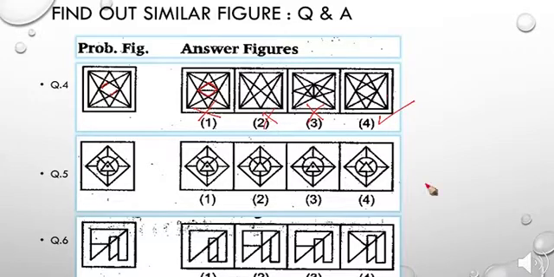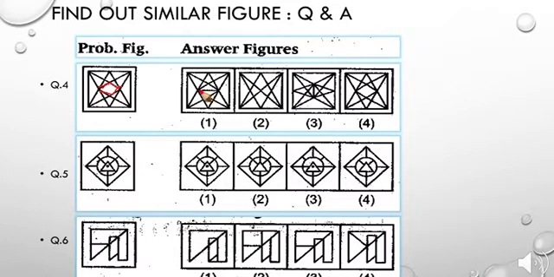So this is one of the ways in which we can solve this problem. Let's find another way of solving this problem. In the first observation itself, we find that at the center of the problem figure there is a diamond shape, and inside it is vacant. There's no line drawn inside, no design. So let's check for the diamond shape with no design or line inside.